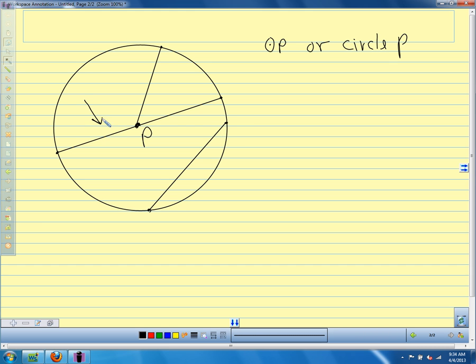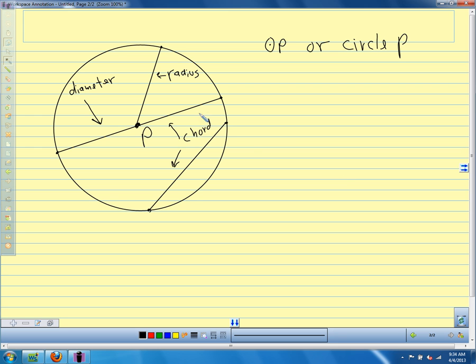The segment that goes through the center is the diameter. This is a radius. And both of these are chords.